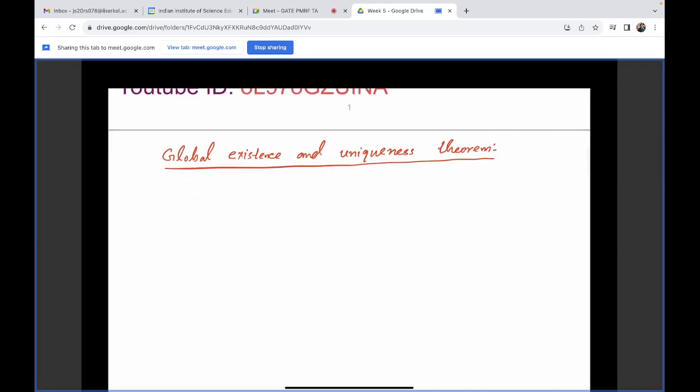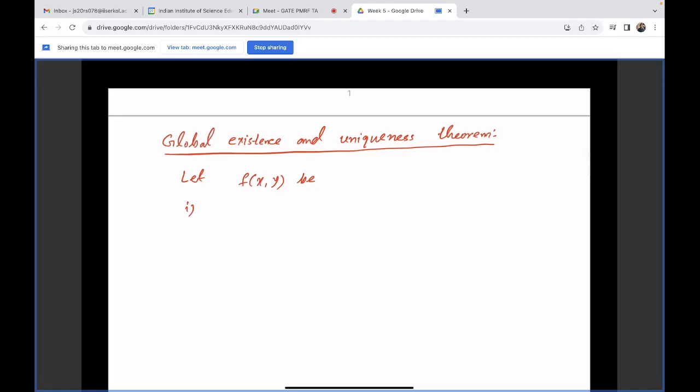So it is saying that let f(x,y) be a function, and two assumptions are given. Assumption one is this function is continuous as a function of two variables.